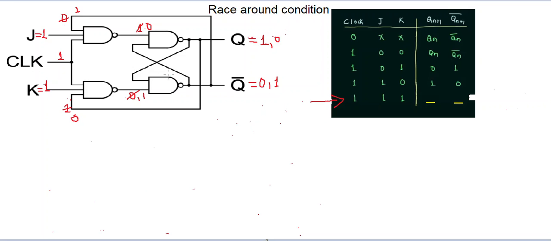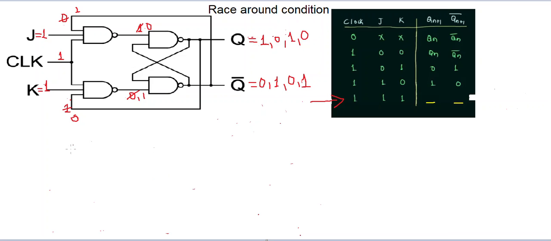Again this is an SR NAND latch. When the input is 0 and 1, the output becomes 1 and 0. So it will change like this continuously. The output is not getting stable. So this is called the race around condition.